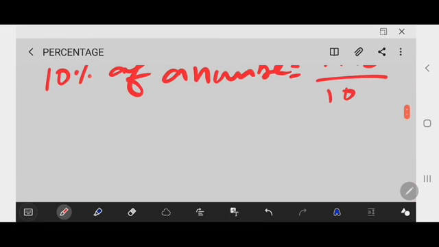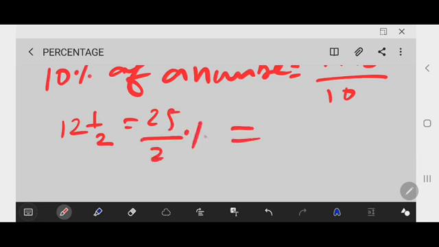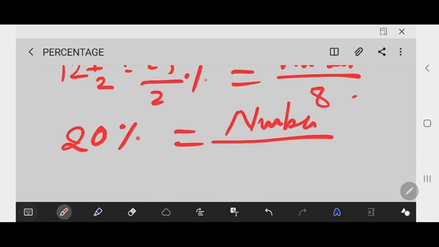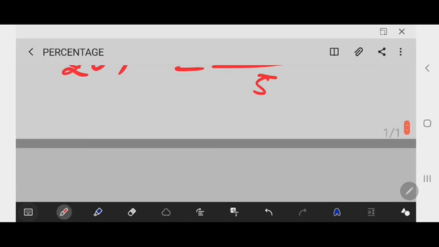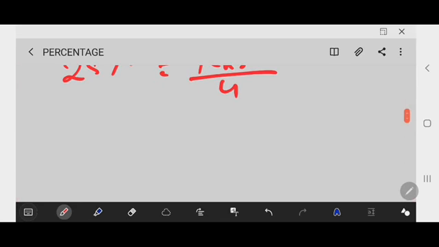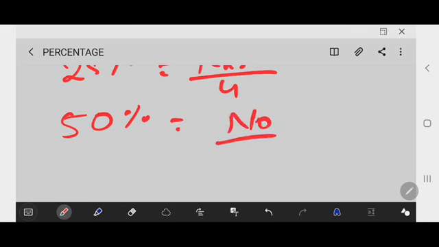Then 12.5%, which means 25 by 2%, is equal to the number by 8. 20% of a number is equal to the number divided by 5. Therefore 25% of any number is the number by 4. And 50% of any number is the number by 2.